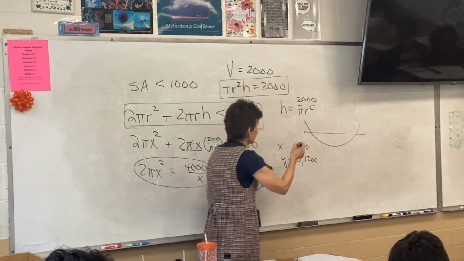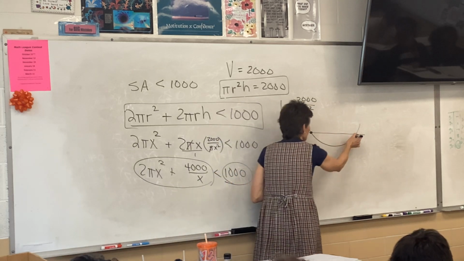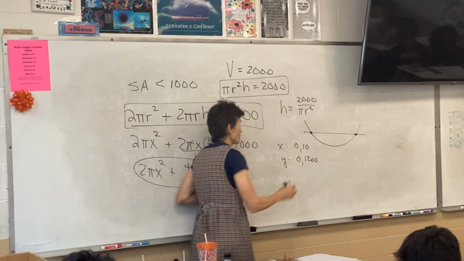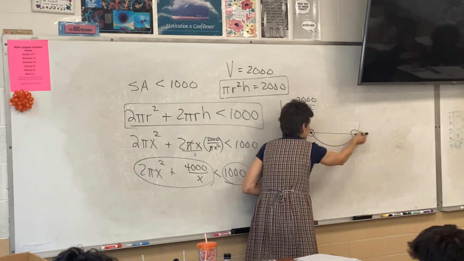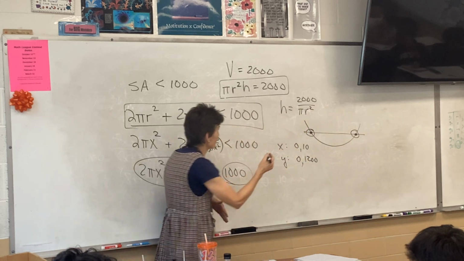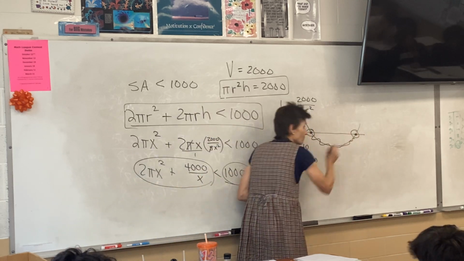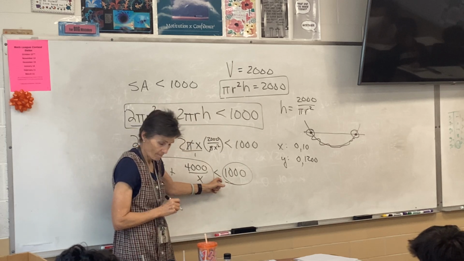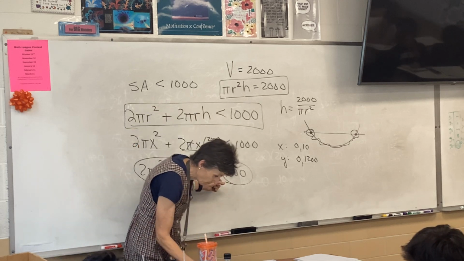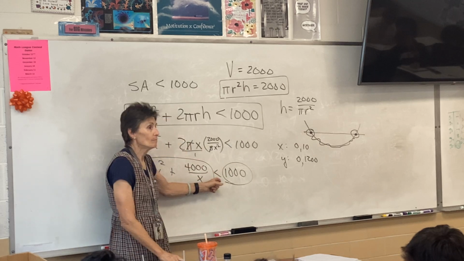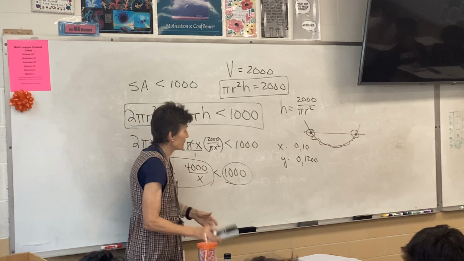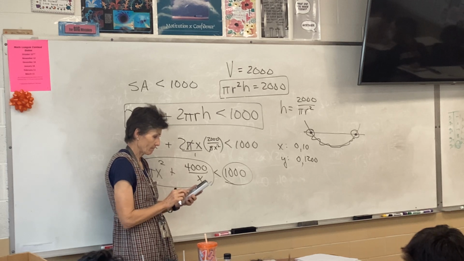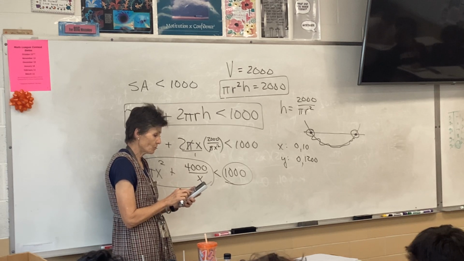Yeah. So this is where it exactly equals 1,000. Well, those are actually gonna be open dots, because I don't want it to equal 1,000. I want it to be less than 1,000. Did I get my sign right? Less than, yeah. Okay, so second calc intersect. We'll find those 2 points.